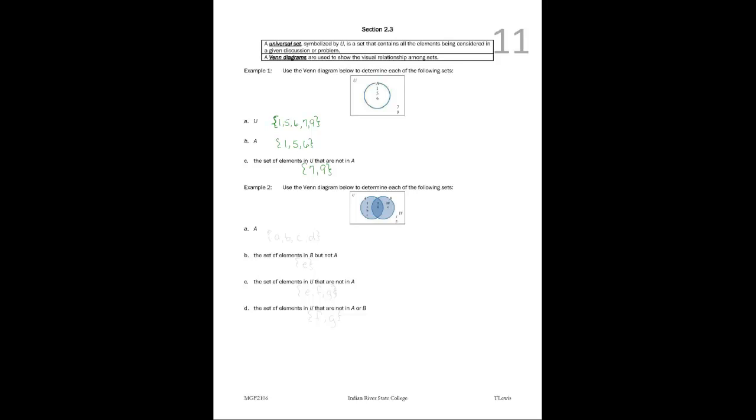In set A you have Roman numerals 1 and 2. Under Roman numeral 1 you have A, B, C, and under Roman numeral 2 you have D. Set B has D and E, and then we have what's on the outside.